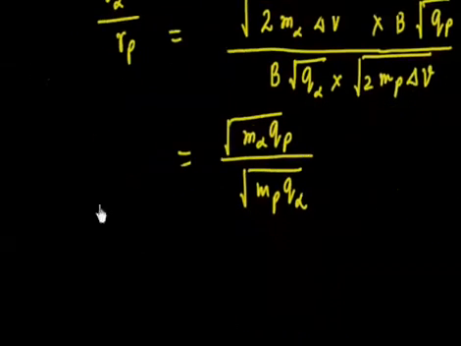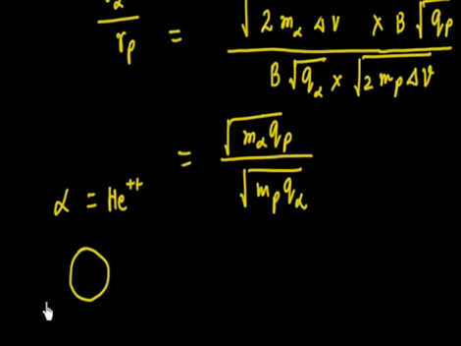What is the alpha particle? The alpha particle is helium doubly ionized, helium plus plus. Helium has 2 protons and also 2 neutrons, so the mass number is 4.